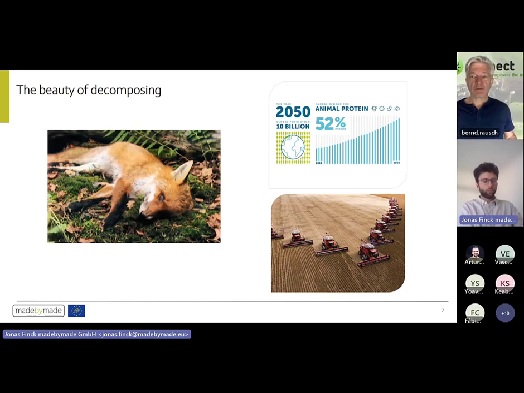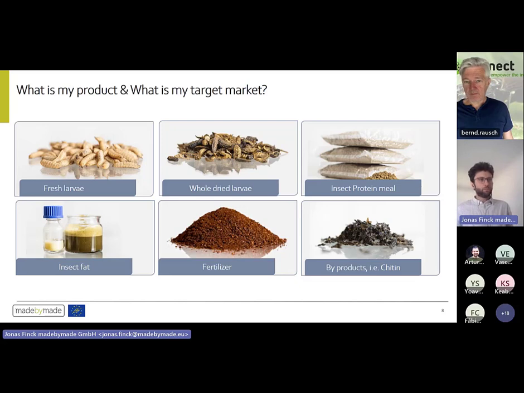And when you have your personal motivation clear, then I think it's very, very important that you think about what is my product and what is my target market. At a very early stage, Bernd also mentioned that at the beginning, you should think about, okay, should I produce fresh larvae? Is my product the whole dried larvae? What is my target market for that?